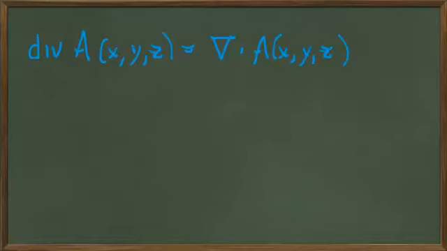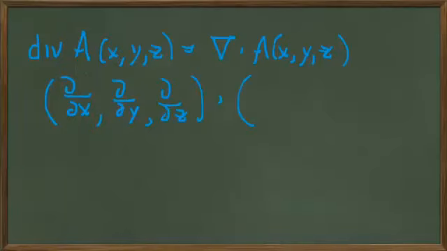Remember, the gradient, if we write it in vector form, is just an operator, so it's partial x, partial y, partial z, and we're dotting that with A, which we can write in vector form as a sub x, comma, a sub y, comma, a sub z.